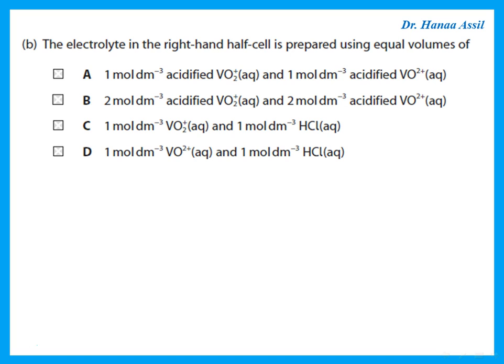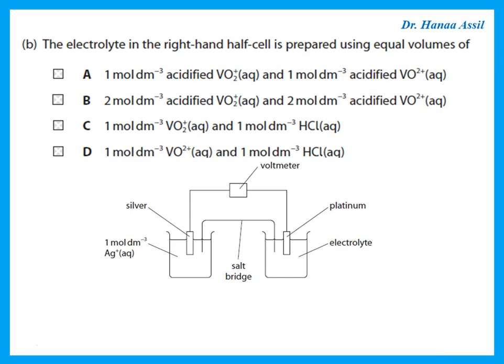The electrolyte in the right-hand half cell is prepared using equal volumes of what? I'm going to remind you that the electrolytes in these cells have to be concentration 1 mole per decimeter cubed.